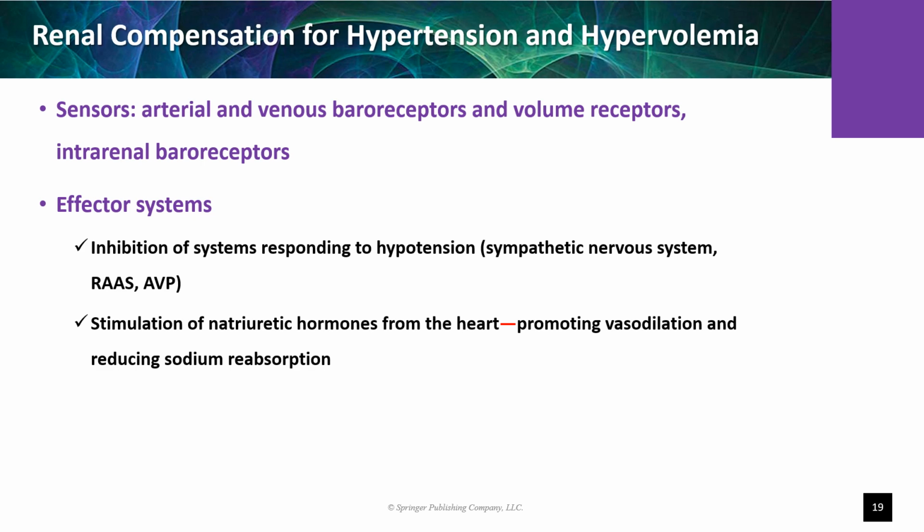This would suppress the RAS and vasopressin secretion and increase secretion of atrial and B-type natriuretic peptides. The natriuretic peptides cause vasodilation to reduce blood pressure. They act to suppress sodium reabsorption in the distal nephron, leading to natriuresis and diuresis.